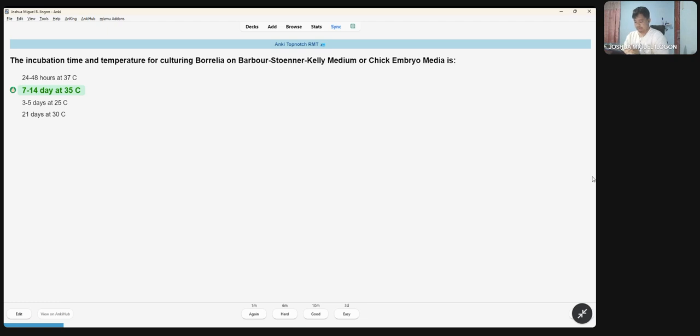Barbour-Stoenner-Kelly medium, chick embryo media, 7 to 14 days. Relapsing fever. Lyme disease. Urine. Oh, urine. PCR.